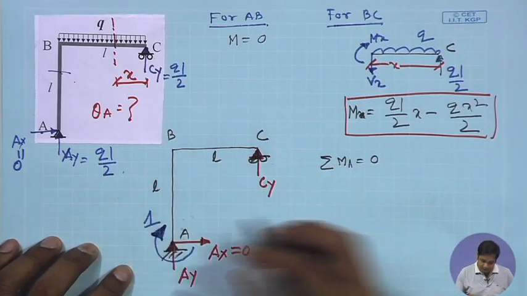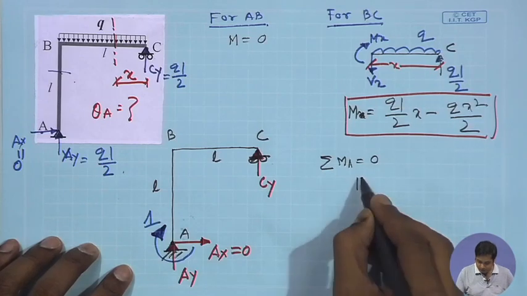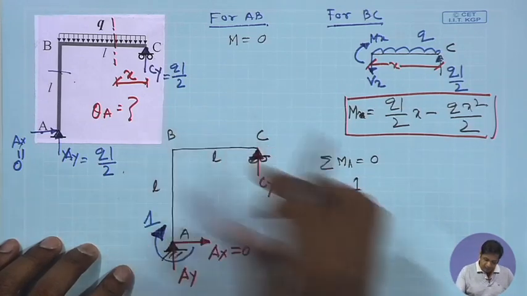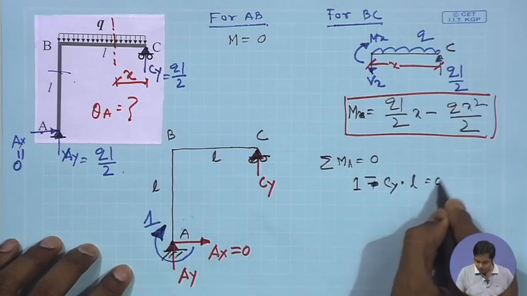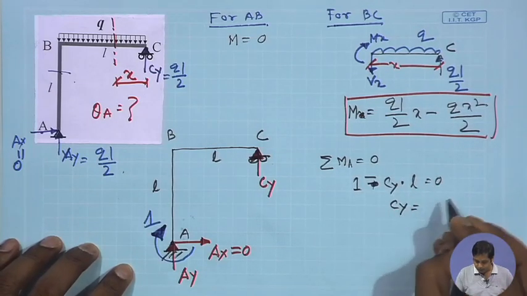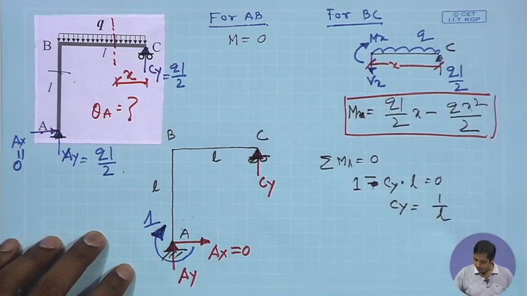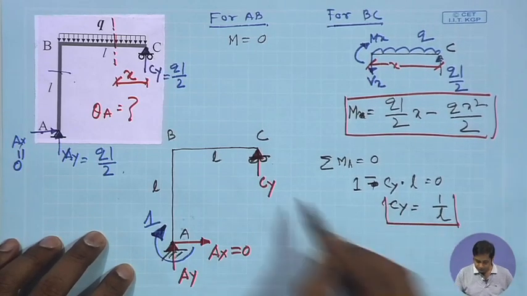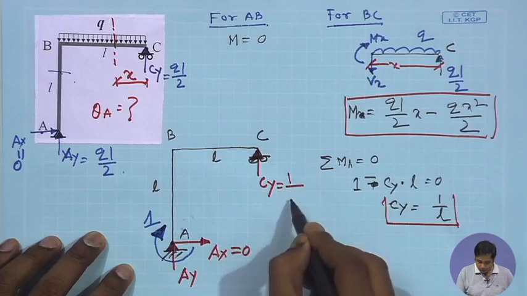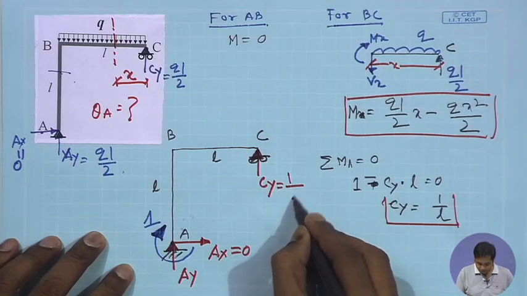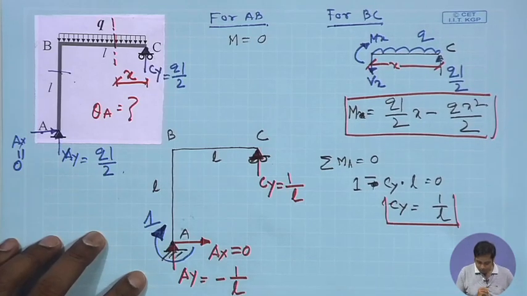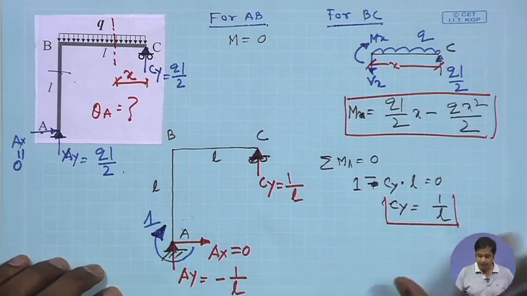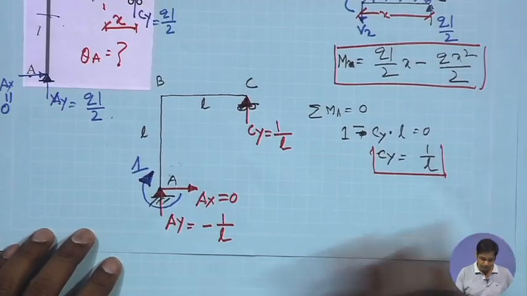So, this is clockwise 1 and then anti-clockwise CY into L is equal to 0. This gives you CY is equal to 1 by L. Then AY will be minus 1 by L because it has to satisfy the equilibrium condition.